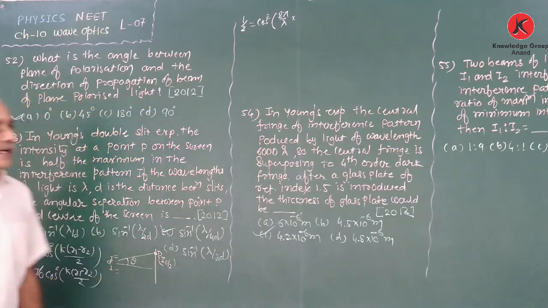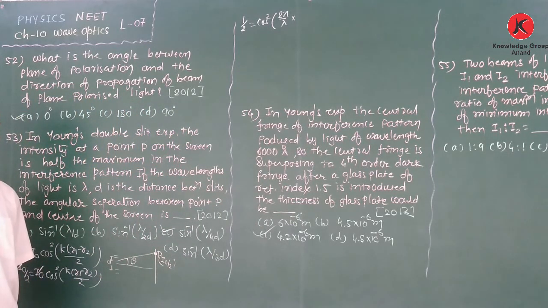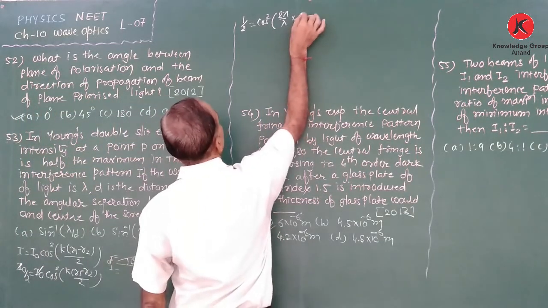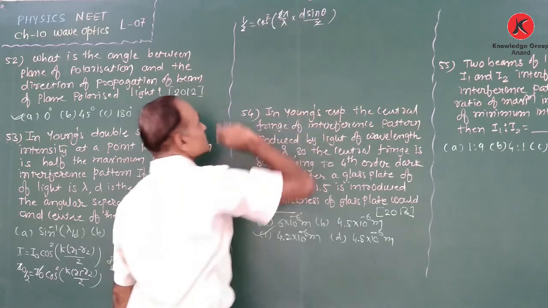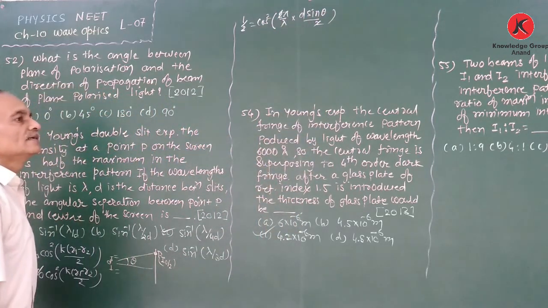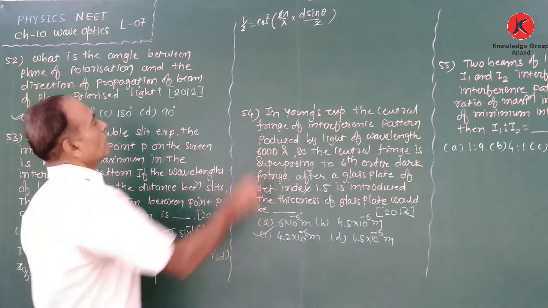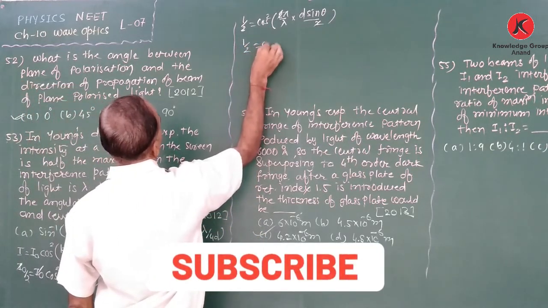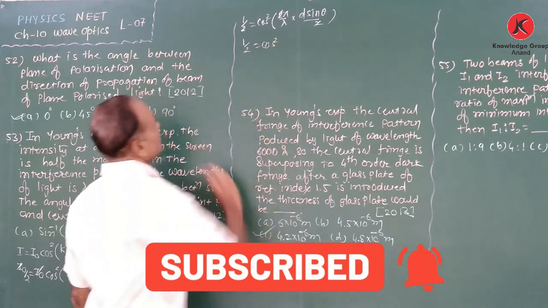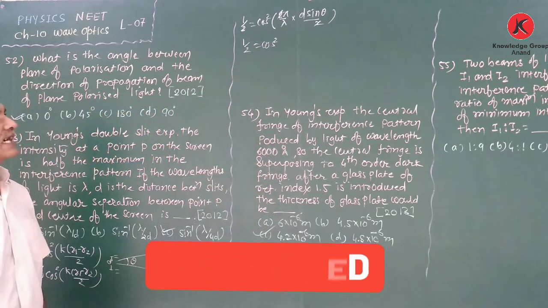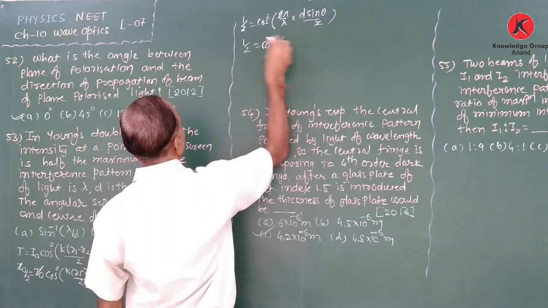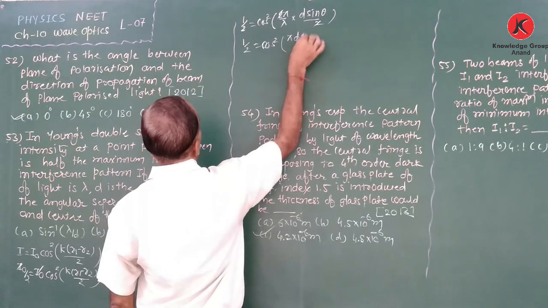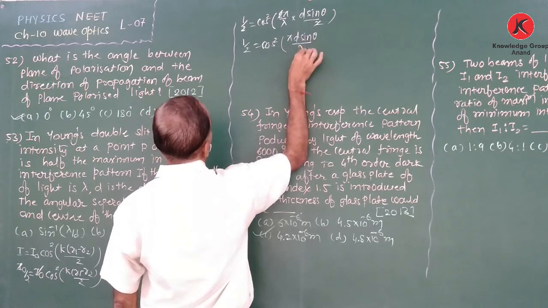At point P, the path difference is d sin theta upon 2. The 2 cancels. Therefore, 1 by 2 is equal to cos square of pi d sin theta upon lambda.